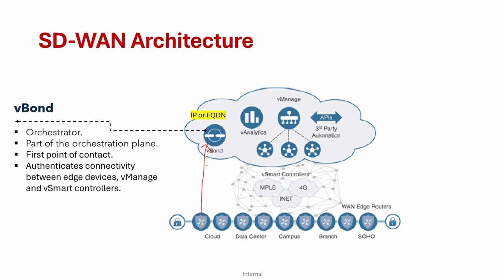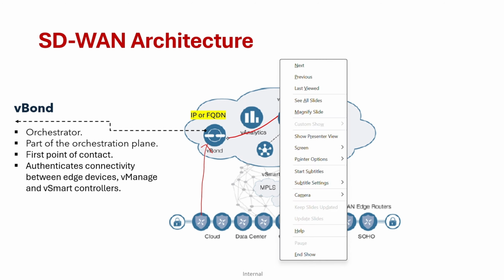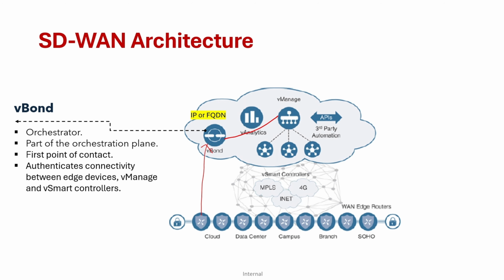Not only the WAN edge device, but every device in the SD-WAN architecture, for example the controller devices such as Vmanage, or the Vsmart controller, will all authenticate with Vbond.